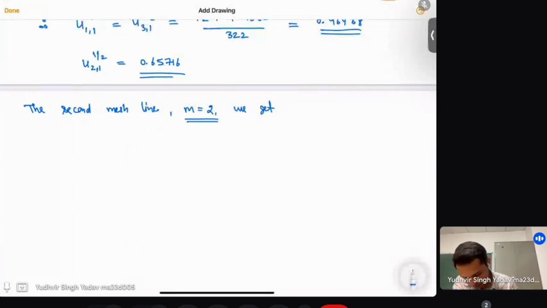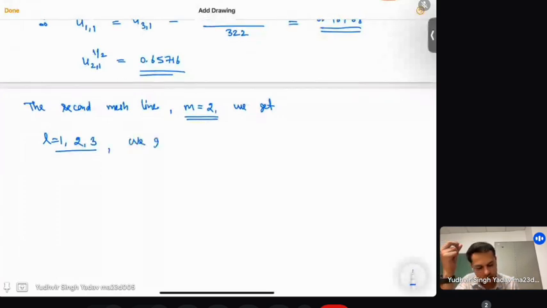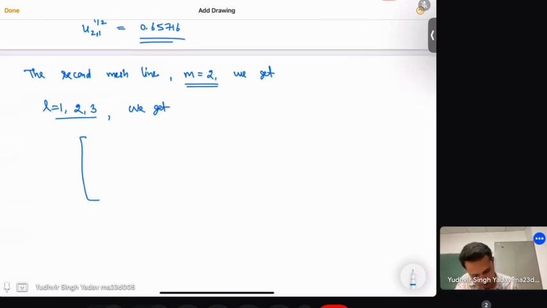Again we have to do the same procedure that we have just done, that we will take L equals to 1, 2, and 3 respectively, and therefore we will get a system of three equations that can be written in a matrix form as below.